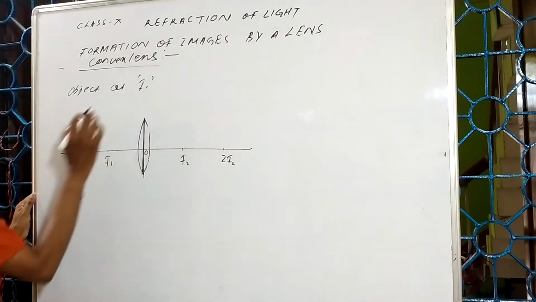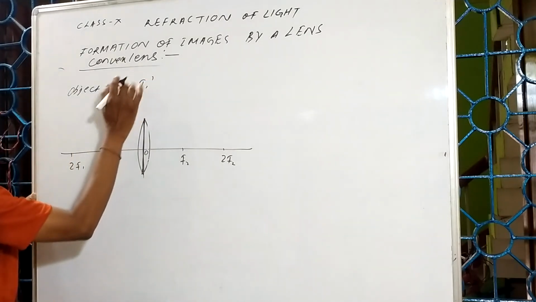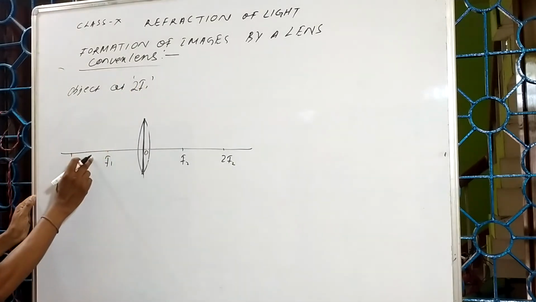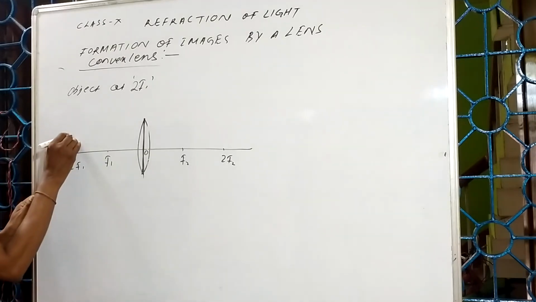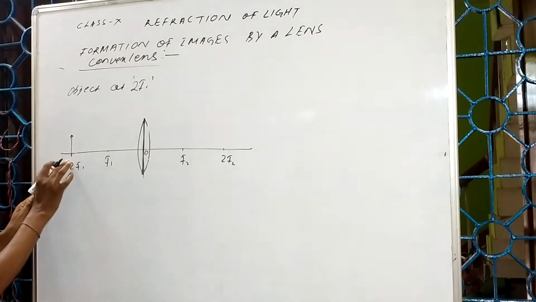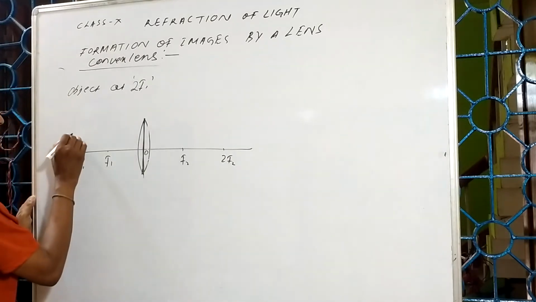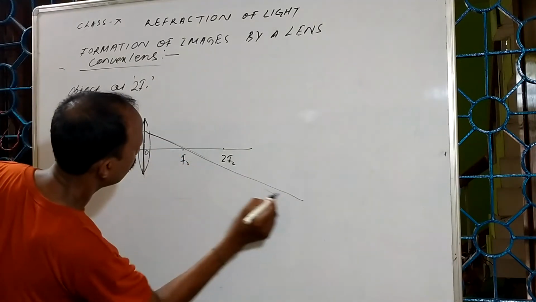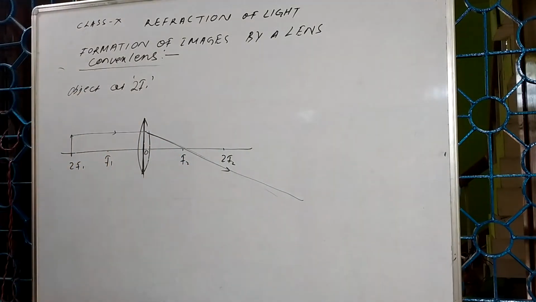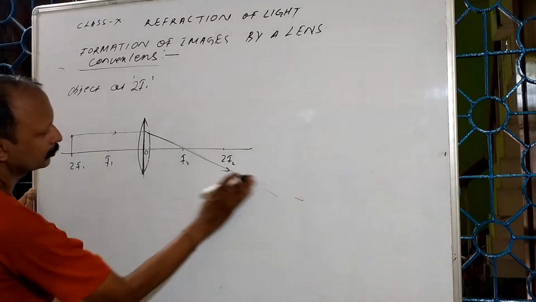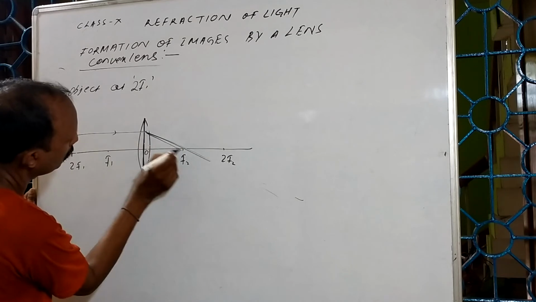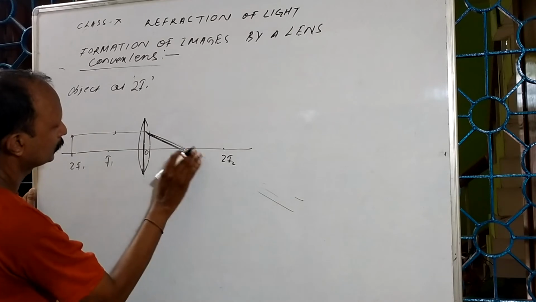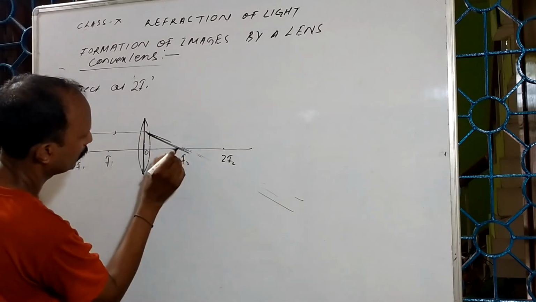Now object at F1, object at 2F1, already I've taken here the object at 2F1. So draw a line which is perpendicular to the principal axis. Now this is the incident ray, so this one is the refracted ray. Clear? Now what is happening?